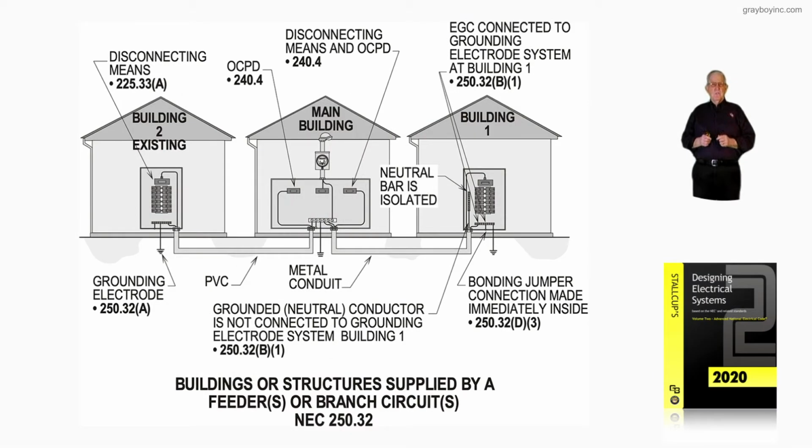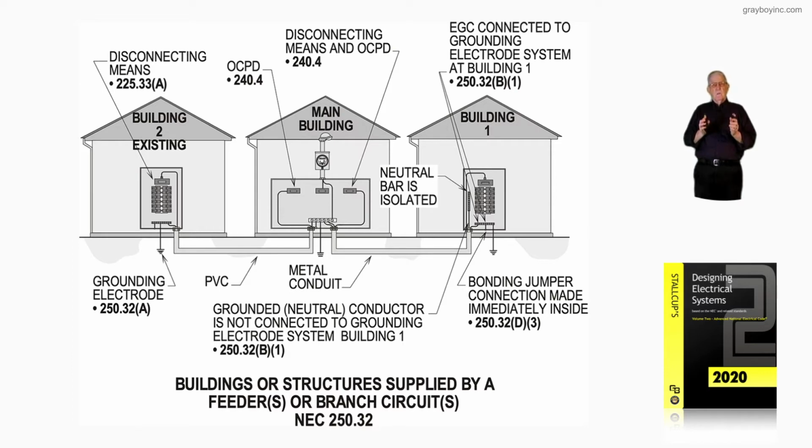Now, this illustration deals with buildings or structures supplied by feeders or branch circuits in accordance with 250.32. Up to this point, we've grounded a service, as you see in the main building. We also have grounded a separately derived system fed from a main in the service or subpanel to a separately derived system in 250.30.